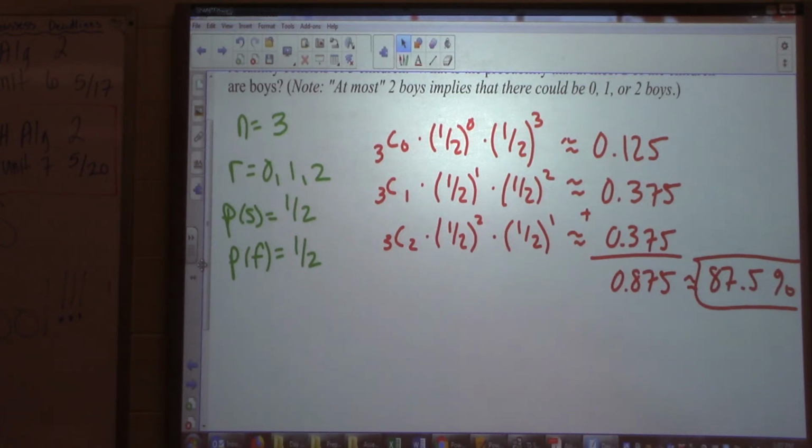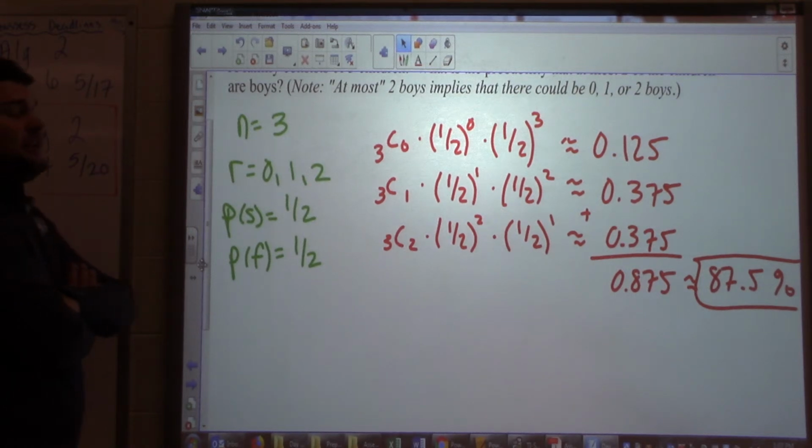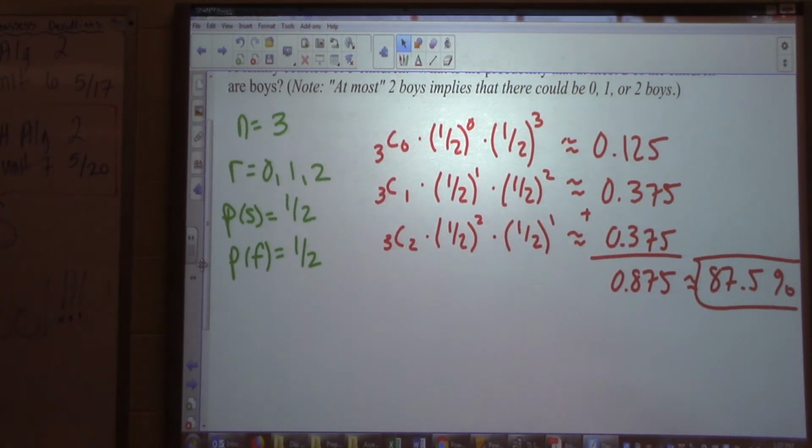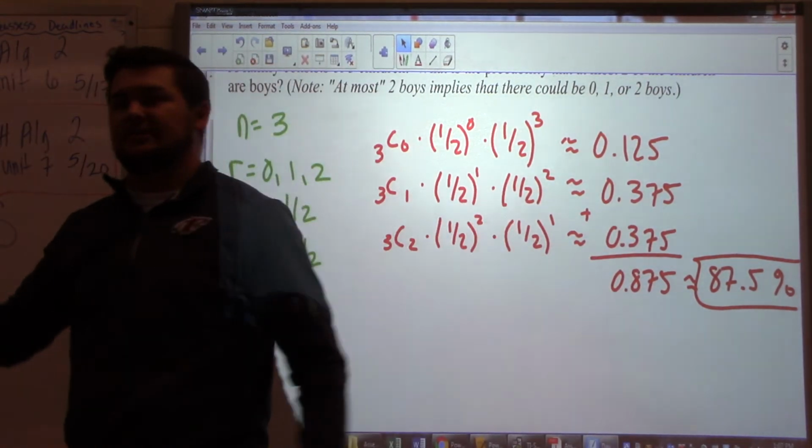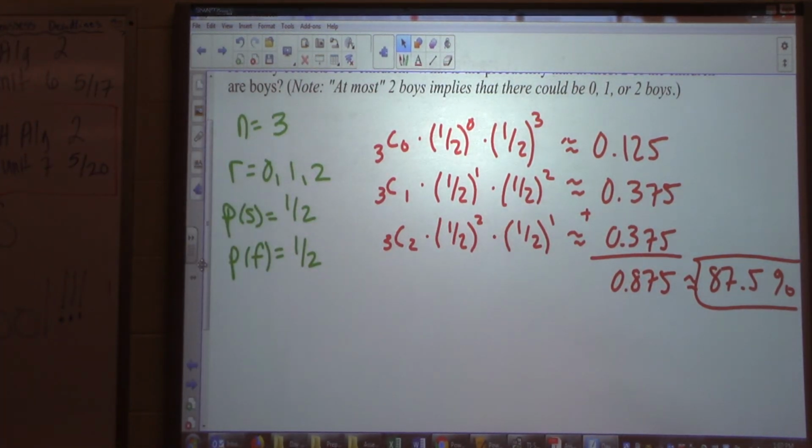Realize the second and third calculation you did are the same. That is true. However, that's not what I was thinking. So we calculated if they had 0, 1, or 2 boys. Well, what do all of our probabilities, the probabilities of every chance, have to equal? 1, right?